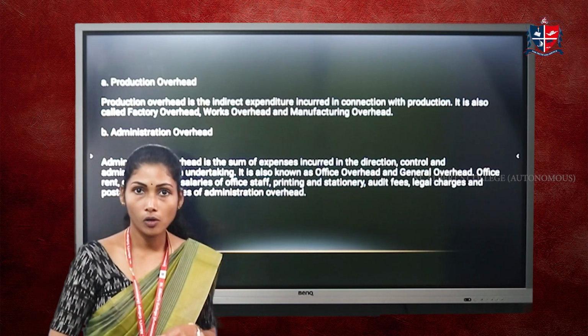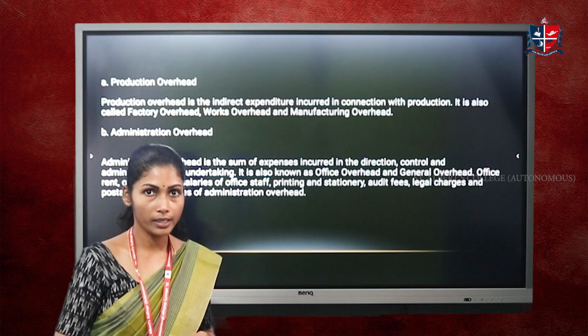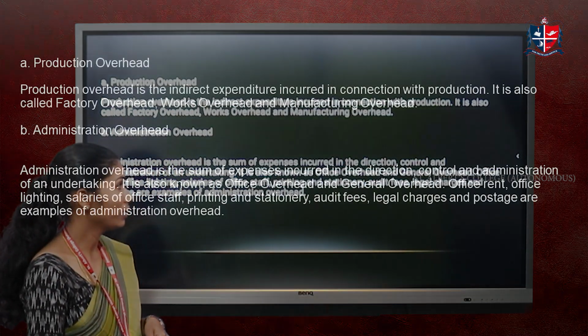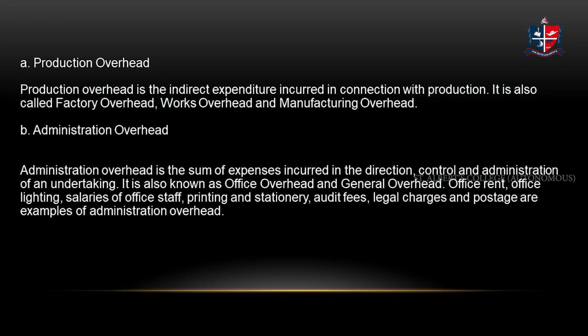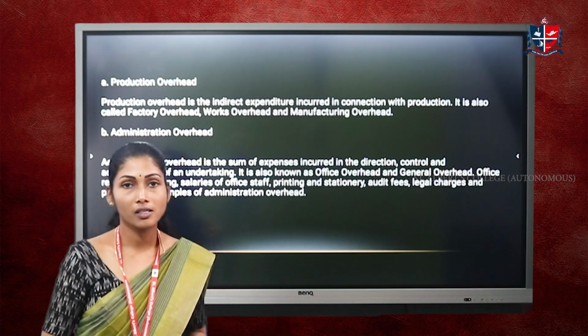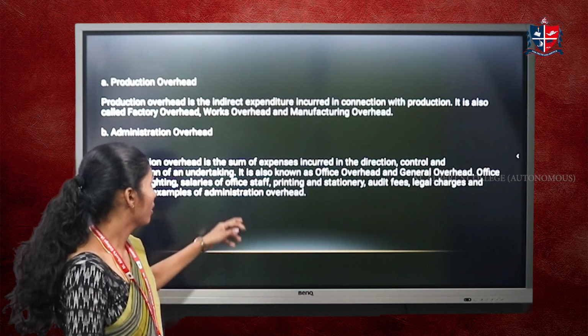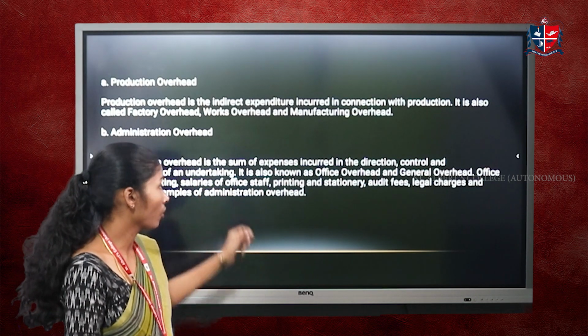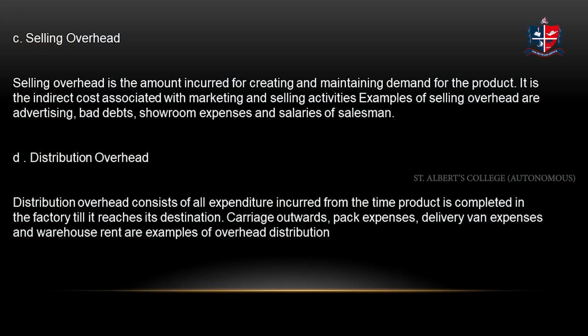These overheads are also known as office overhead or general overhead. The main examples for administrative overheads are office lighting, printing and stationery, salaries for office staff, etc.